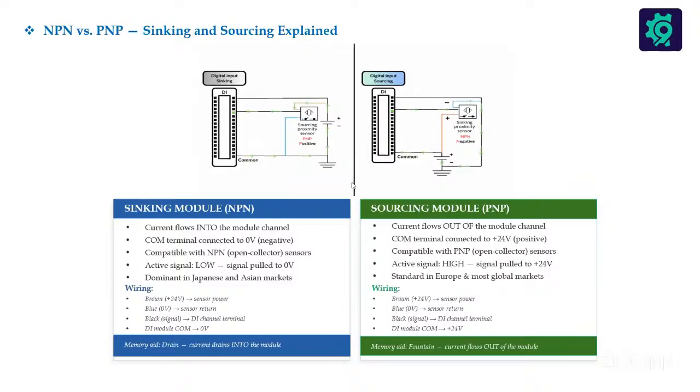So that is the dynamics. When you have an input that is sourcing from the PLC, the PLC will be sinking to it, the opposite. But when the PLC is the one sourcing, the input will be sinking. I hope that explanation is clear.